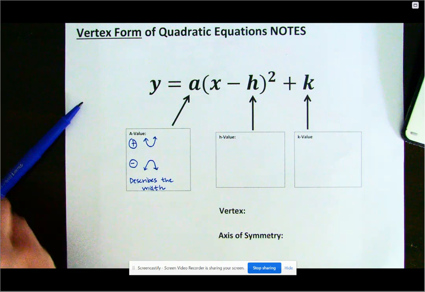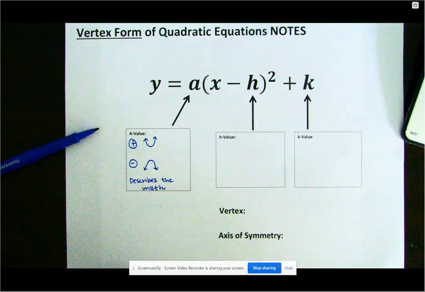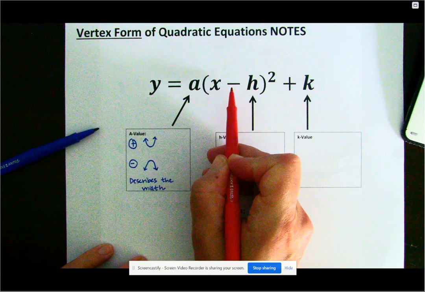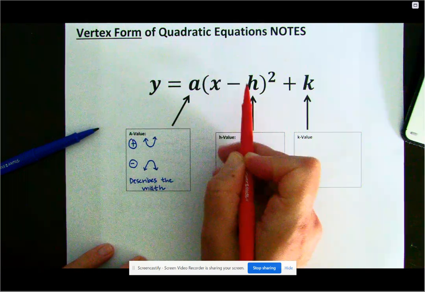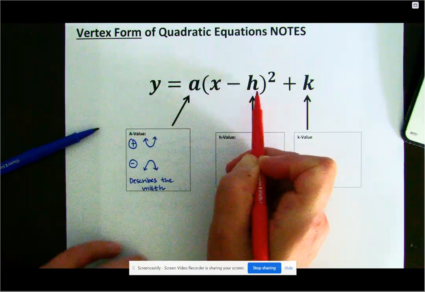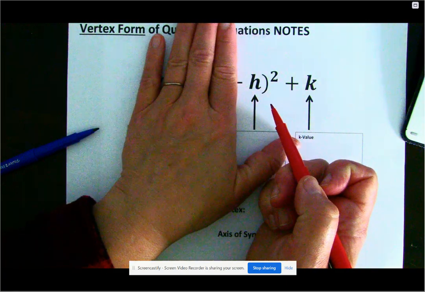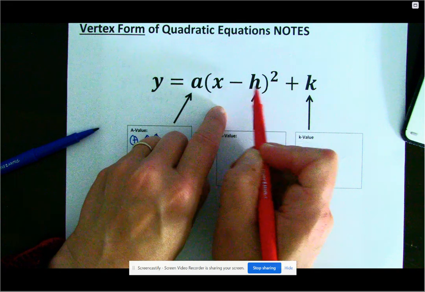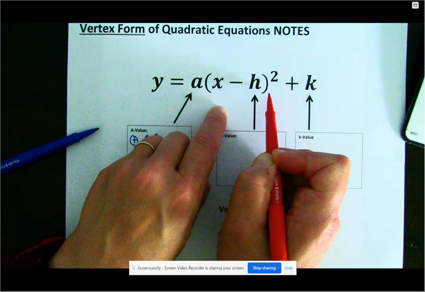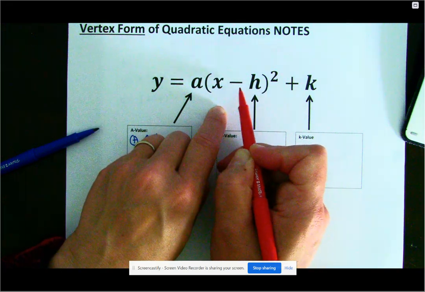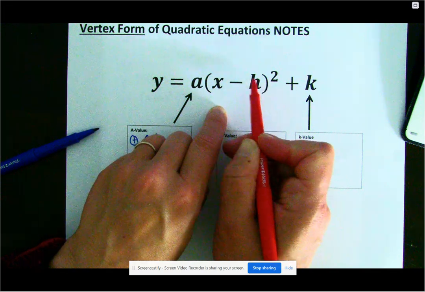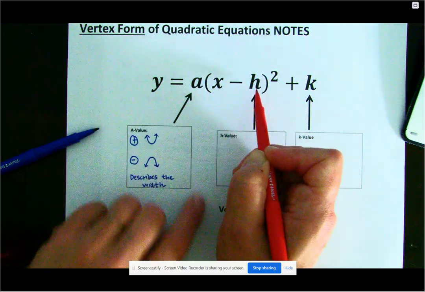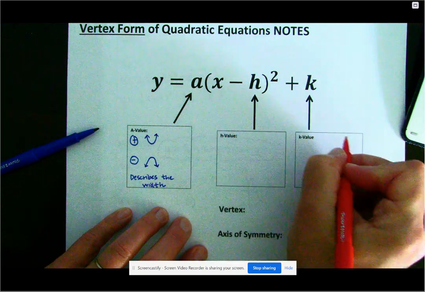Okay, h is the left-right action, and you need to know that it has a minus here. So when it says -3, the h value is +3, and so it is going 3 to the right. And if it says +3, it's moving 3 to the left because it must be subtracting a -3. It's a little bit weird with the sign here, but the h value tells you how much it moves right or left.